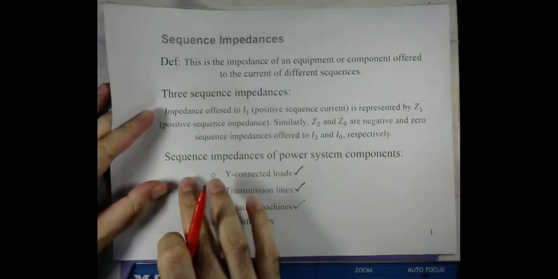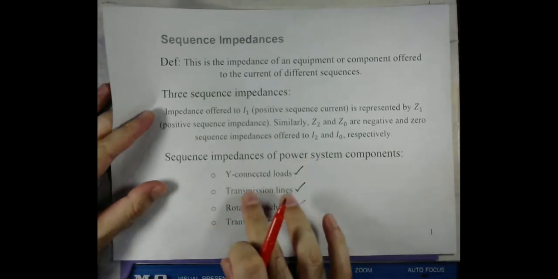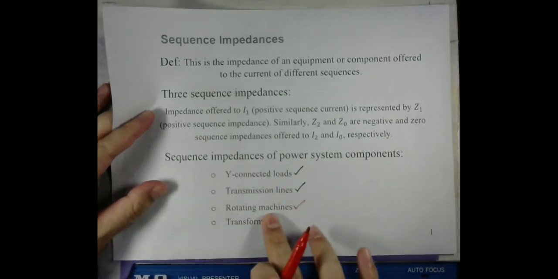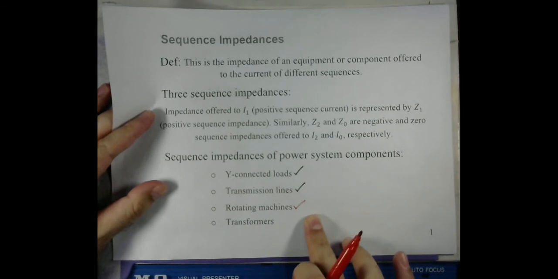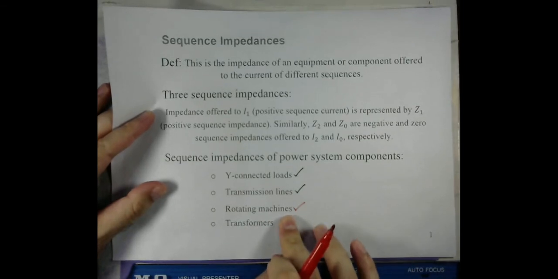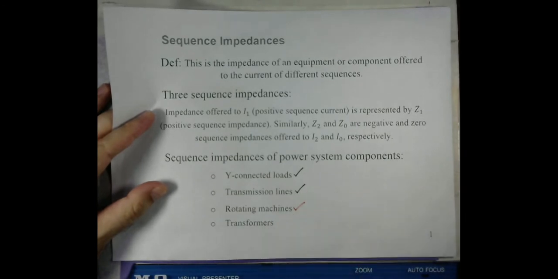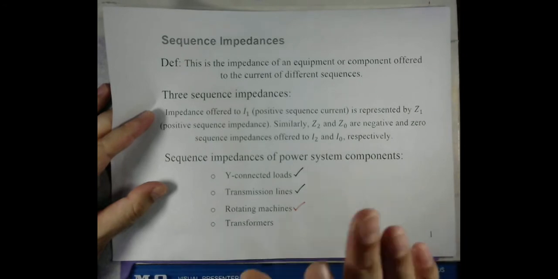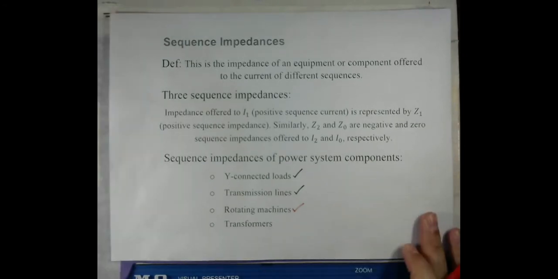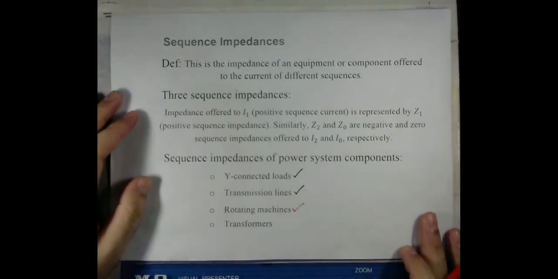Now we have covered the sequence networks of the Y-connected loads, transmission lines and rotating machines. In particular, here we considered the synchronous machines. One can also talk about the synchronous motors and the induction motors, but that you may learn later in some other courses.